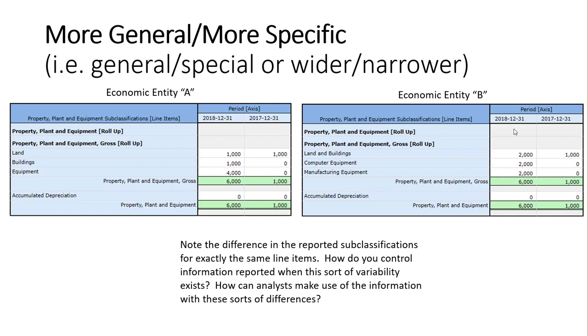Entity A provided a more general concept, equipment, and economic entity B broke out equipment into computer equipment and manufacturing equipment.